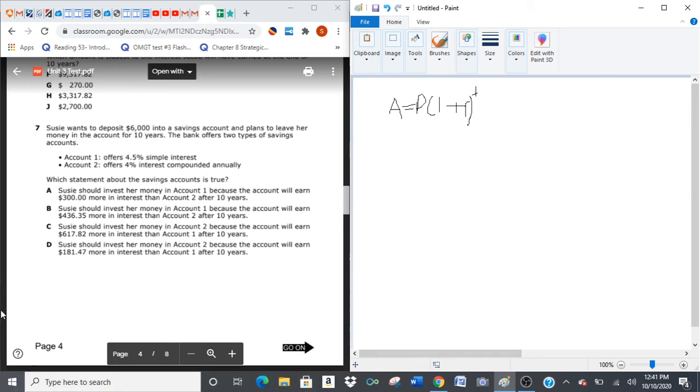So we're comparing. We're going to have to do simple interest with this one and compound with this one. So let's do the simple interest first. We'll name it A1 because this is just account 1. So we got to do 6,000 times, what's the rate?